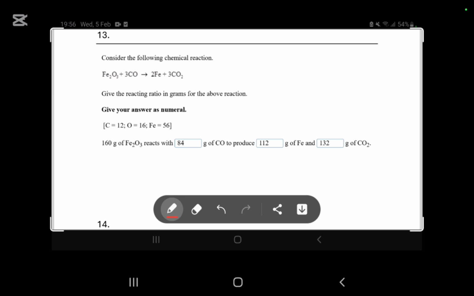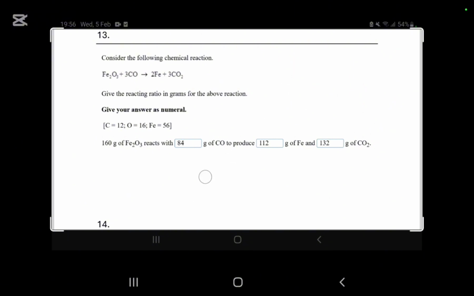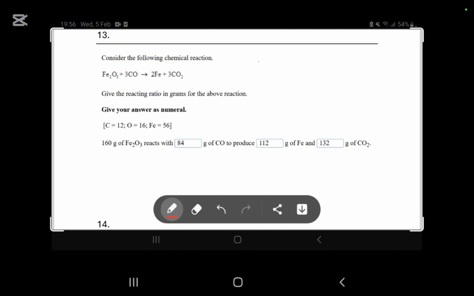And then for CO we do 3 times 28, which will give us 84. And then we do 2 times 56 to get 112. And then we do 3 times 44 to get 132.